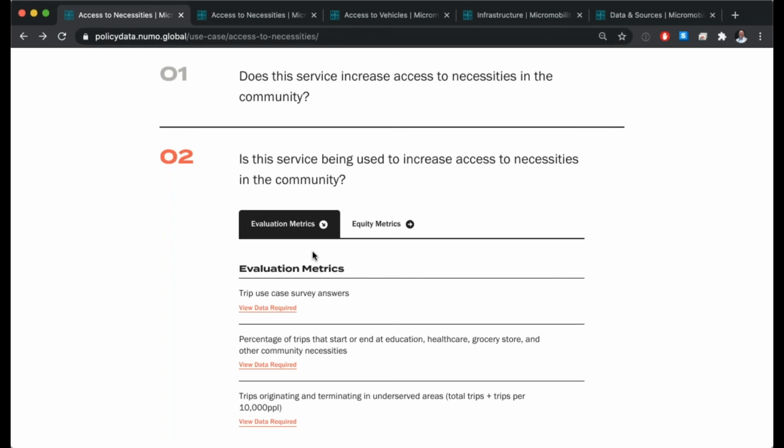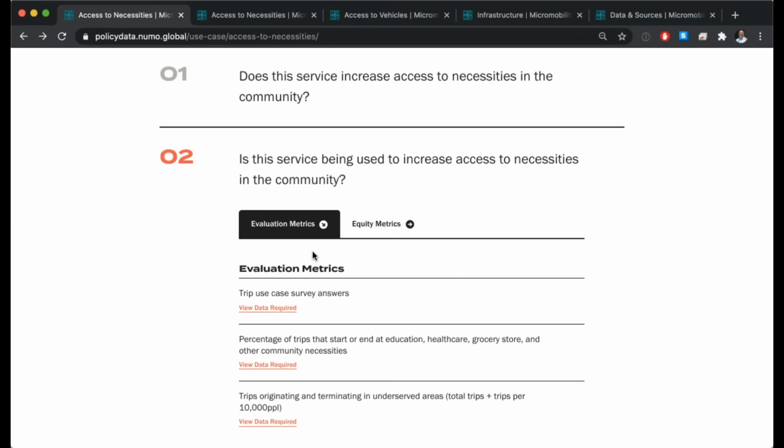I'm going to walk through one or two more, but I also wanted to point out the difference between question 1 and question 2. Question 1 is, does it have the potential really to increase access? And the second is, is it being used to increase access?